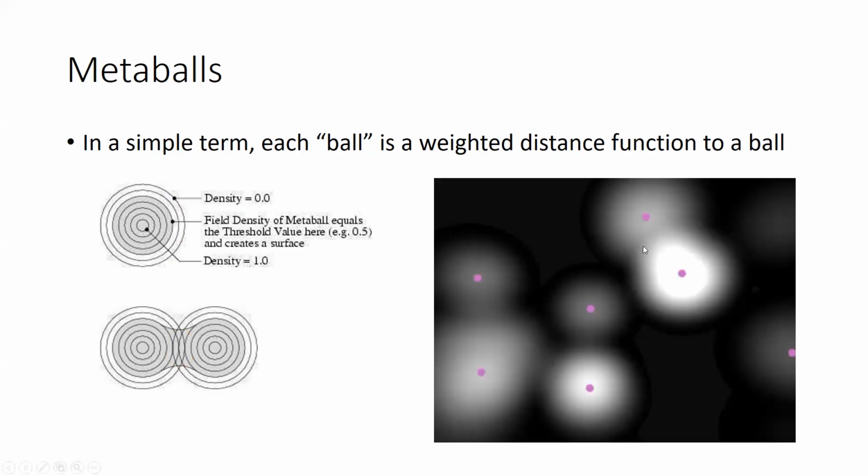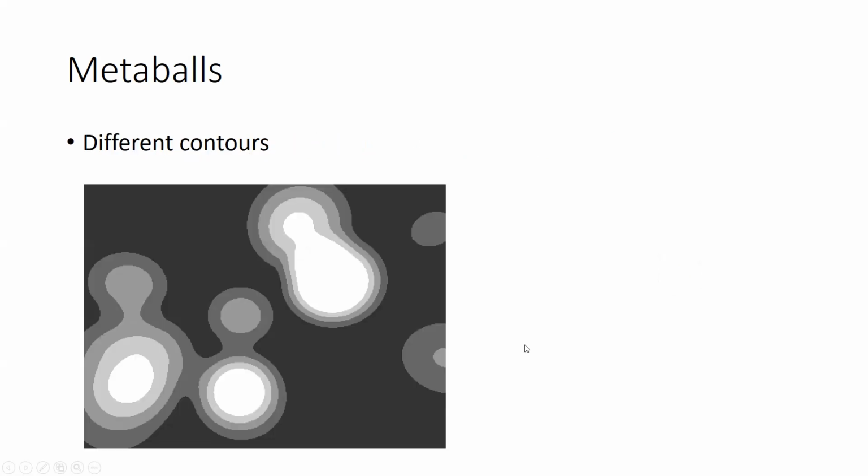So if you put all these purple dots, you actually will have this type of diagram in which the white color is different density. And you actually can put the balls with different density distribution. Some ball will be higher, some ball will be lesser. And then for this density distribution, what you can do is, I want a certain density to be my surface, or something like that.